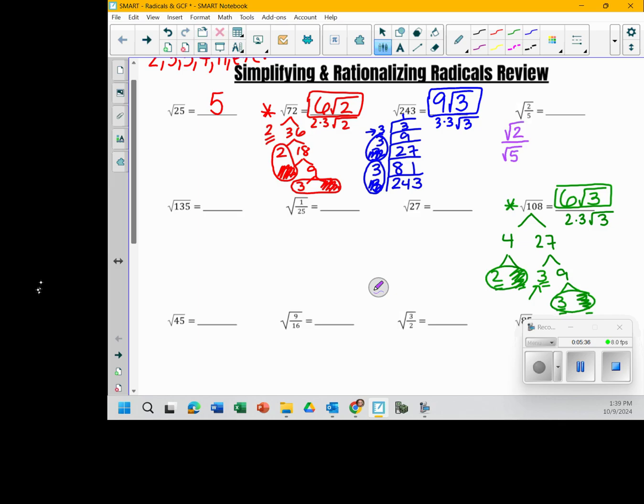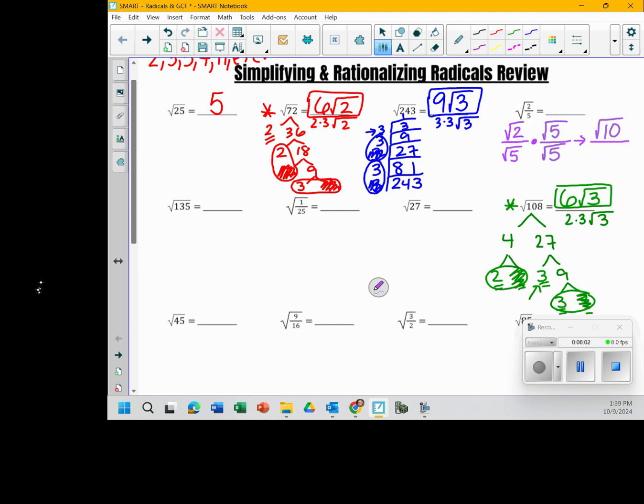So we're going to do what's called rationalizing. The bottom is what the problem is, so that's what I'm going to multiply by. I'm going to multiply by root 5 over root 5. That's the same thing as multiplying by 1 because it's a number over itself. By doing that, on the top I multiply things that are in the root together. So root 2 times root 5 is root 10.